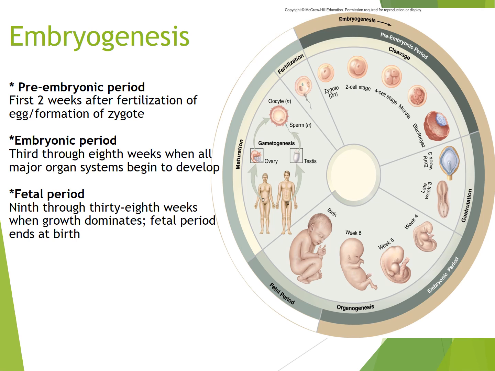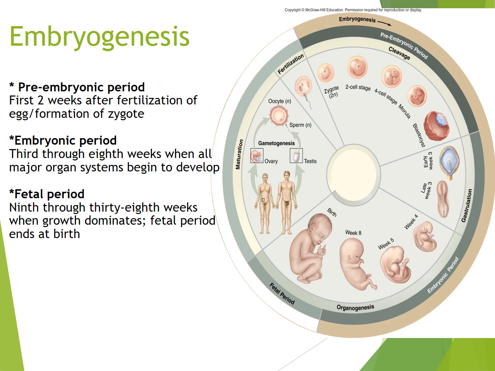And this is done through mitosis and by cleavage of this blastocyst. And once this blastocyst, which is going to be a bunch of cells, implants into the lining of the uterus.